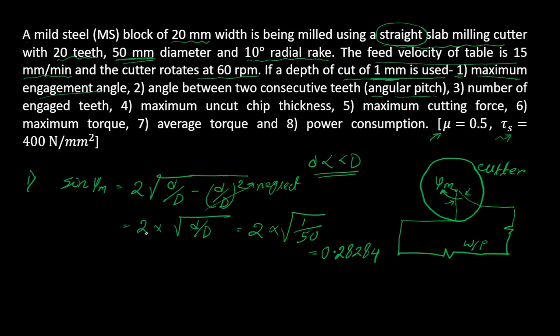Now we don't need this value, we need psi m. So simply you can write psi m is equal to sine inverse of 0.28284, and from here you will get the angle around 16.4 degree. So this is the first answer of our question, the maximum engagement angle.